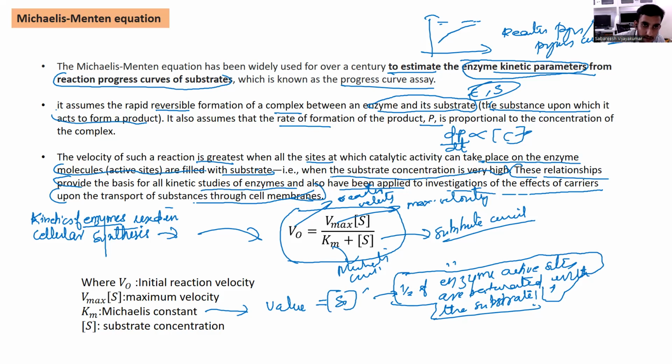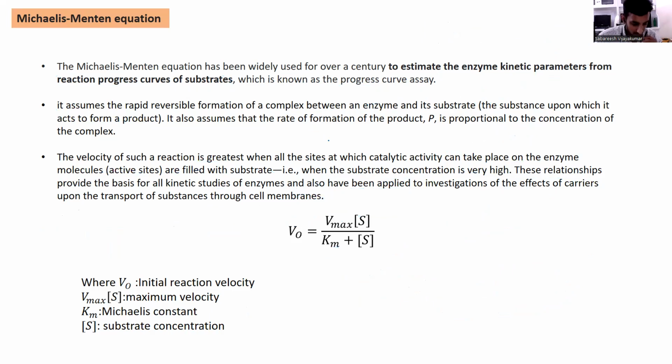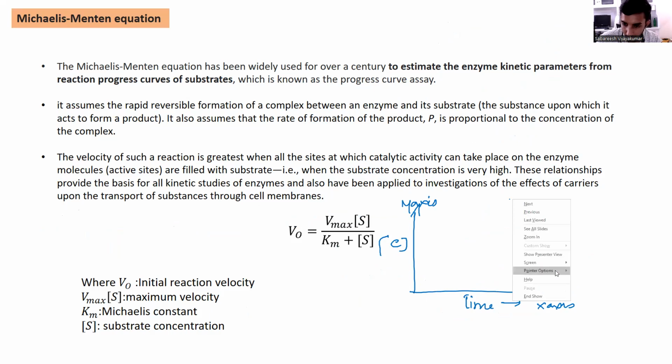So you should understand the concentration of each of the substances present in the chemical reaction. If you plot concentration on the y-axis and time on the x-axis, the time of the reaction or any reaction happening, the rate of the reaction, we are denoting it.